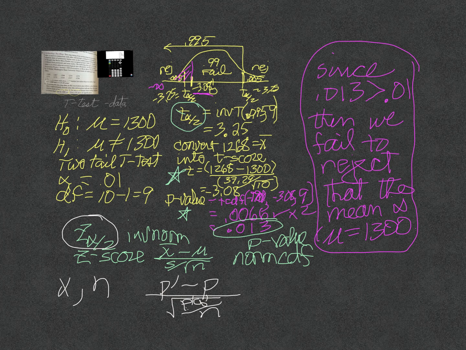Once you do those two things, otherwise the proportion one is going to be the same. The p-value will be a norm CDF. And so essentially the hypothesis tests are all set up the same way.